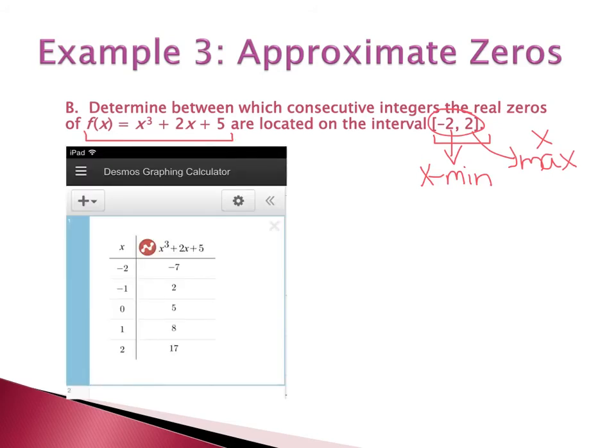After graphing our function on my graphing calculator on my iPad, I've produced this table of values such that x is between -2 and +2. What I want to look at is where the zeros of my function might be located. Based on the location principle, the corollary to the intermediate value theorem, we are looking at where the y-coordinate is changing sign.